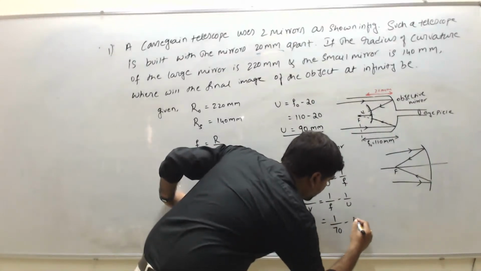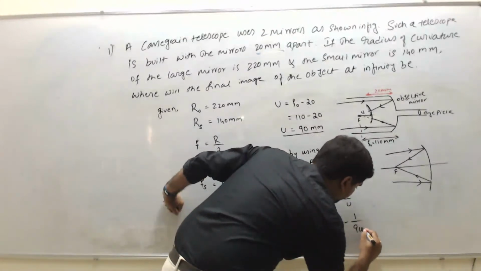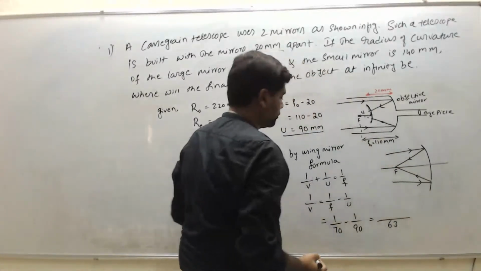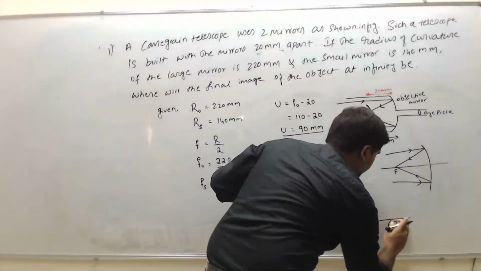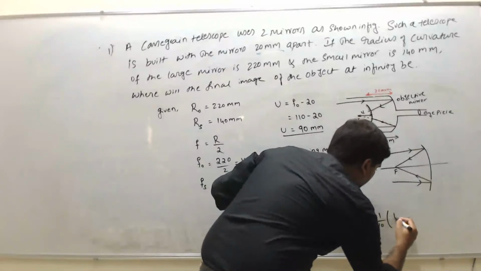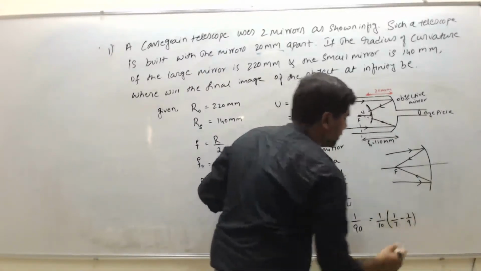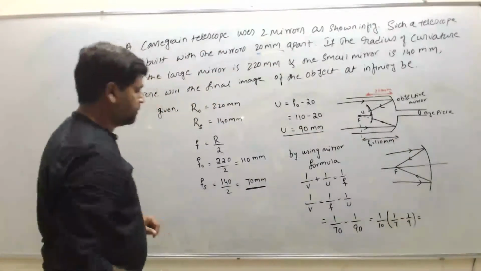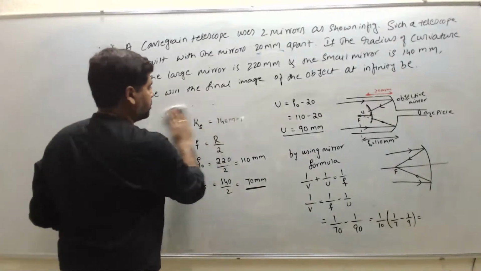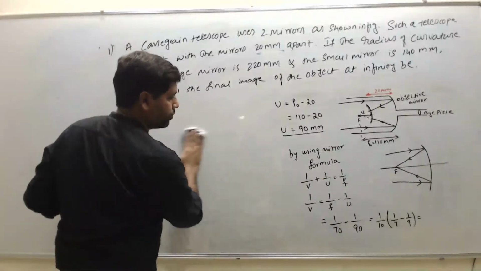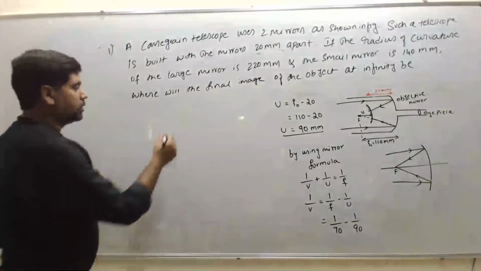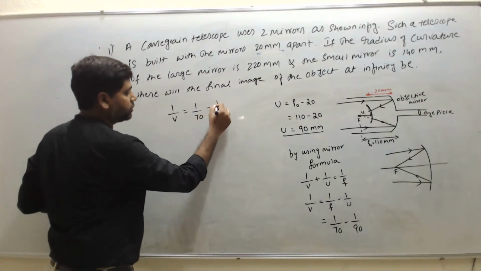That is 1 divided by 70 minus 1 divided by the object distance 90. So 1 by v equals 1 by 70 minus 1 by 90.